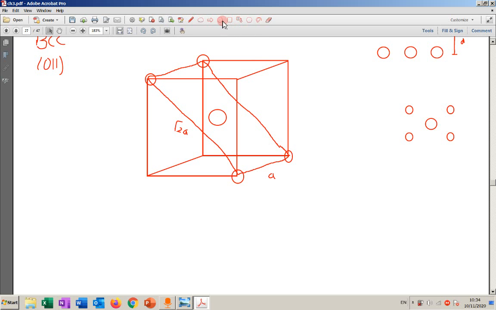Then the second one, let's assume that this side is the A side. Now I'm going to draw another case where the two atoms here will touch each other. Then we have the other two somewhere here, and I'll have one in the middle.